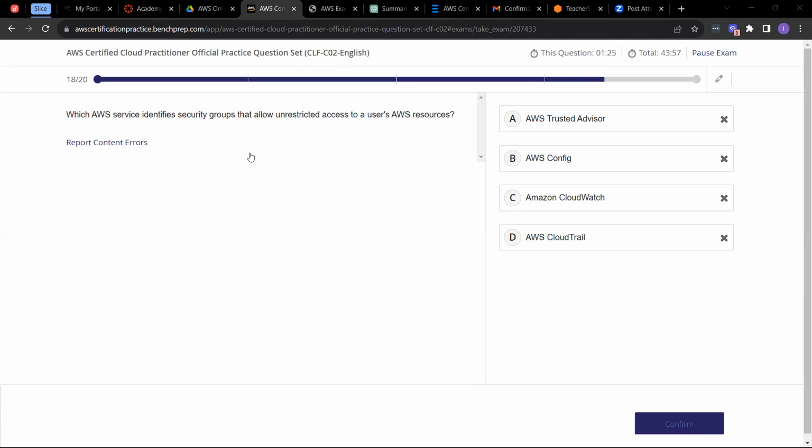It says security groups, so yes, it identifies the security groups that allow unrestricted access. After you've written or configured your security group, it will just alert you that this one is allowing this.